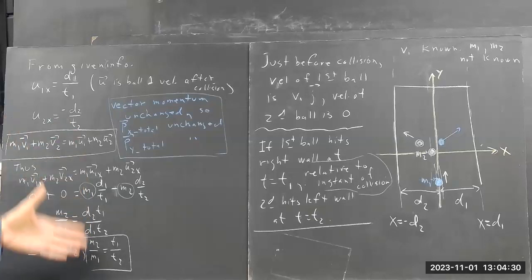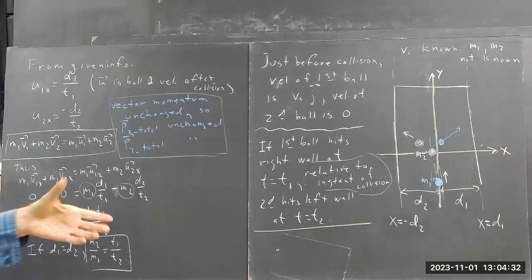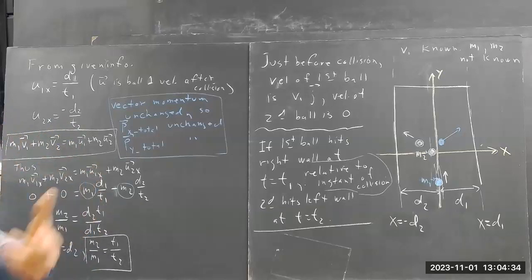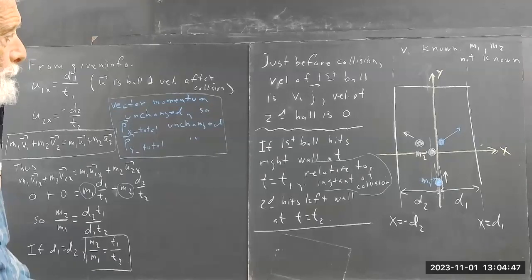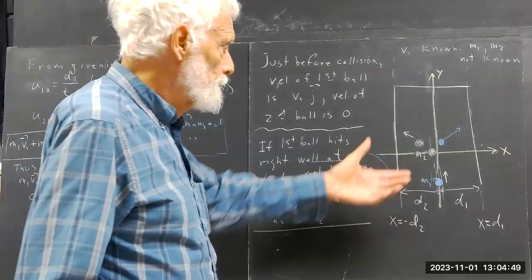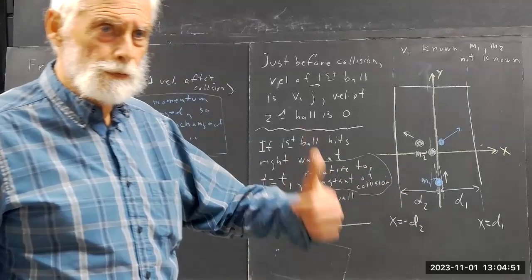Still, if I was being smart, I'd go back and write out all the steps of the algebra and do it more carefully. All right. Well, that's pretty good. Now, what else is there to determine about the collision? Well, the after-collision velocities, the velocities in the y direction, right?